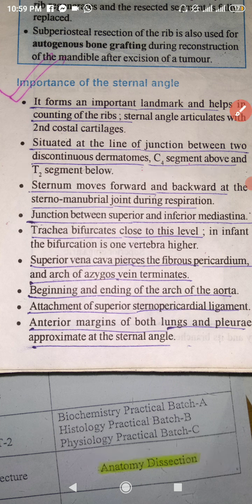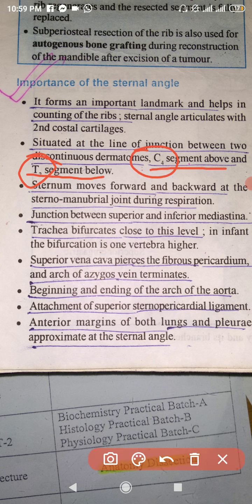Number three, the sternum moves forward and backward at the manubriosternal junction during respiration. So it is the site of movement during respiration. Number four, it is the junction between the superior and inferior mediastinum.